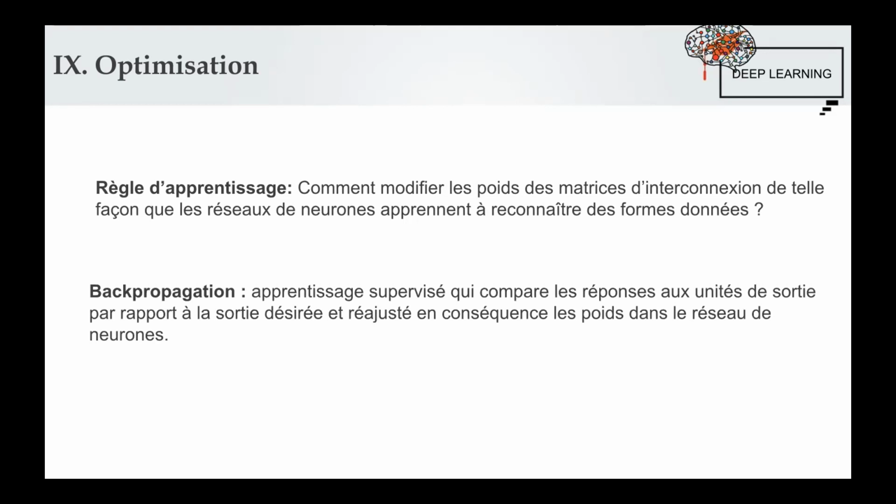C'est un apprentissage supervisé qui compare les réponses aux unités de sortie par rapport à la sortie désirée, et cet algorithme va réajuster en conséquence les poids dans les réseaux de neurones de telle façon que à la prochaine itération, avec les mêmes entrées, l'algorithme va être plus efficace.